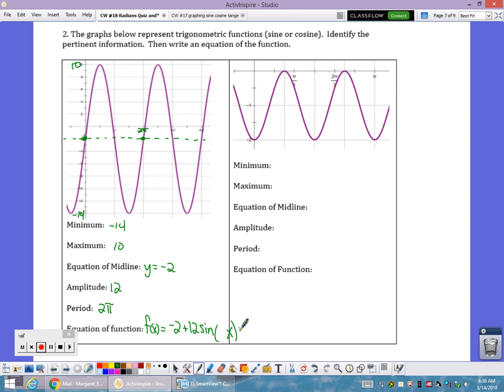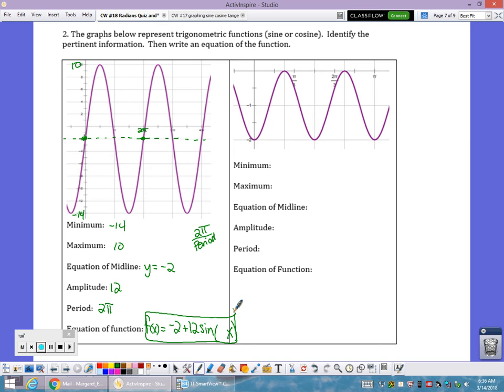What we did before is we went 360 divided by the period, or 2 pi divided by the period. And the period is 2 pi, so 2 pi over 2 pi is just 1. So that doesn't change at all. The period just stays the same.